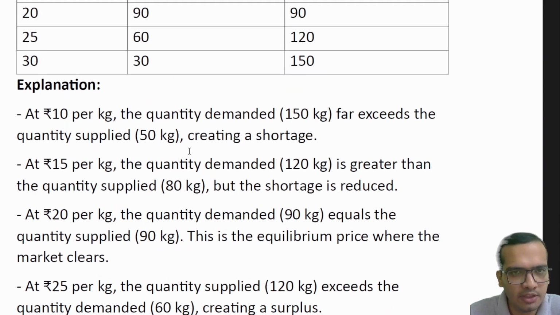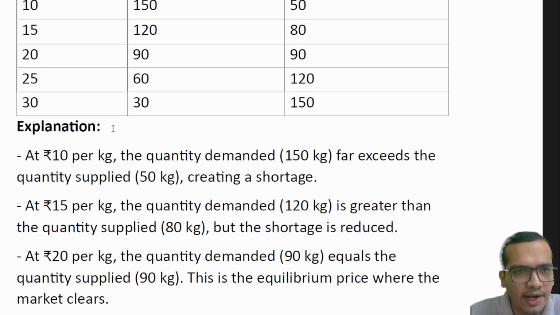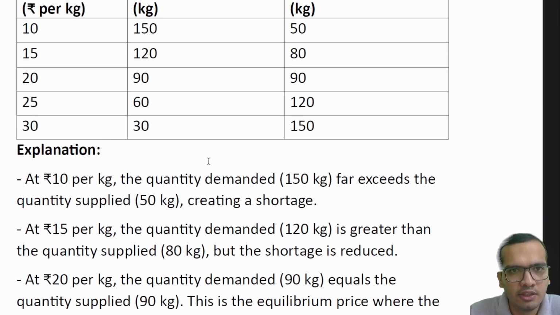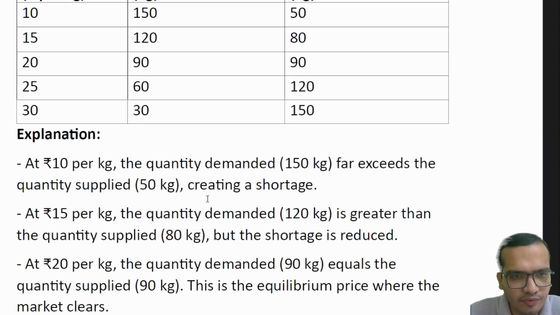So we have some explanation for each of the price points. At rupees 10 per kg, the quantity demanded 150 far exceeds the quantity supplied 50, creating a shortage. So there will be a shortage since demand is 3 times the supply.